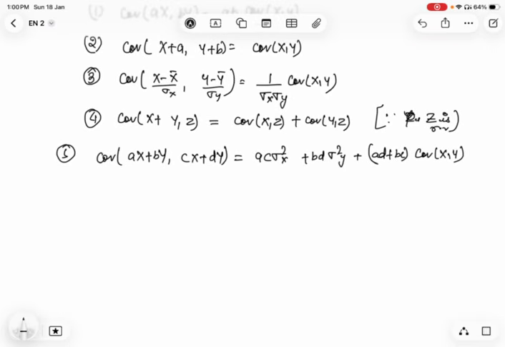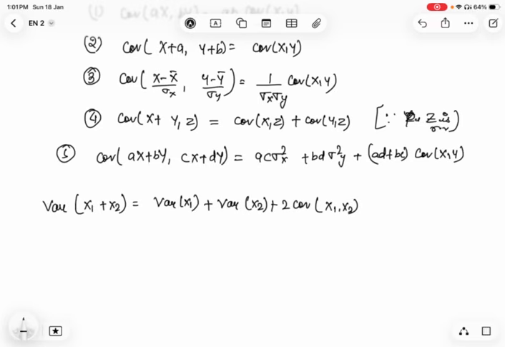Now the last important term is variance. One more formula is there: variance of x1 plus x2 is equal to variance of x1 plus variance of x2 plus 2 covariance of x1 x2. If x1 and x2 are independent, then covariance of x1 x2 is equal to 0.